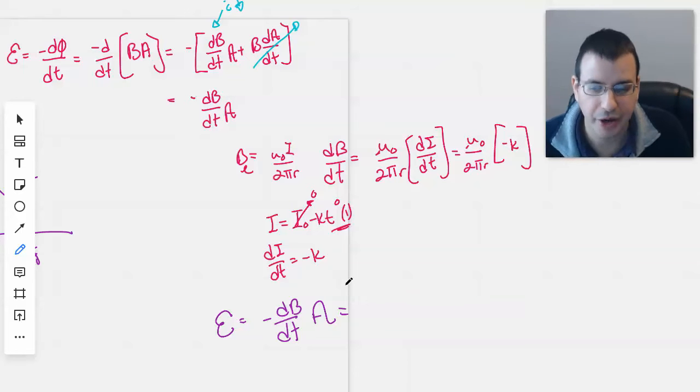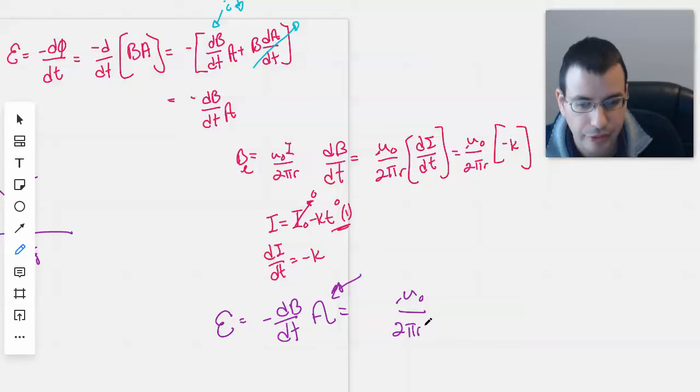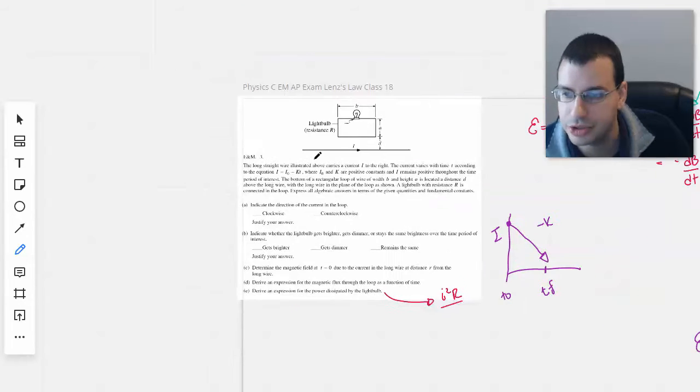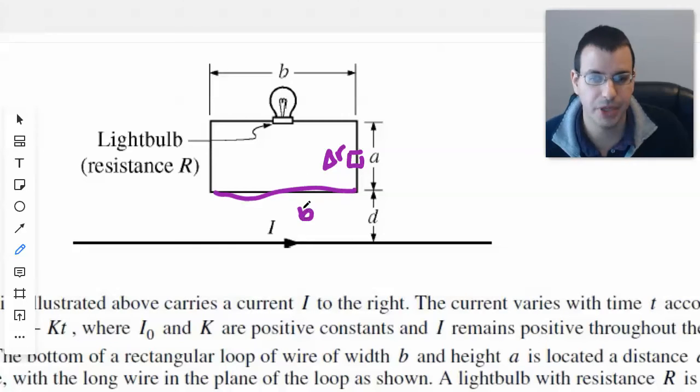I'm going to rewrite area. So we're going to have mu naught over 2 pi r times negative k. And then I'm going to rewrite area in terms of, so I'm going to say right here is delta r. And then this will be b.